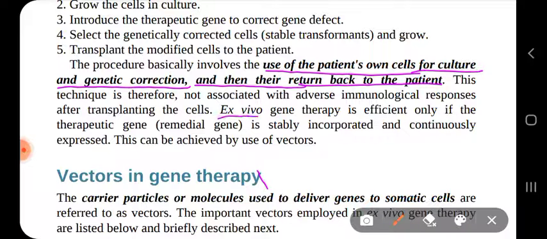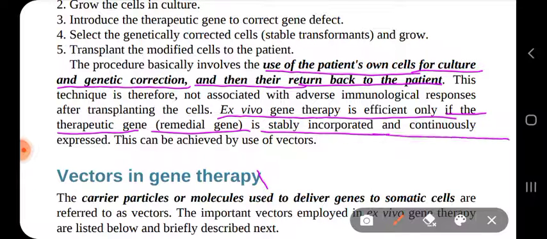This ex vivo gene therapy is efficient only if the therapeutic gene, that is the remedial gene, which will try to alleviate, which will try to cure, is stably incorporated and continuously expressed. So the main aim is we have to introduce that therapeutic gene into the patient's cells which are being cultured here in the laboratory, and that gene has to be expressed.